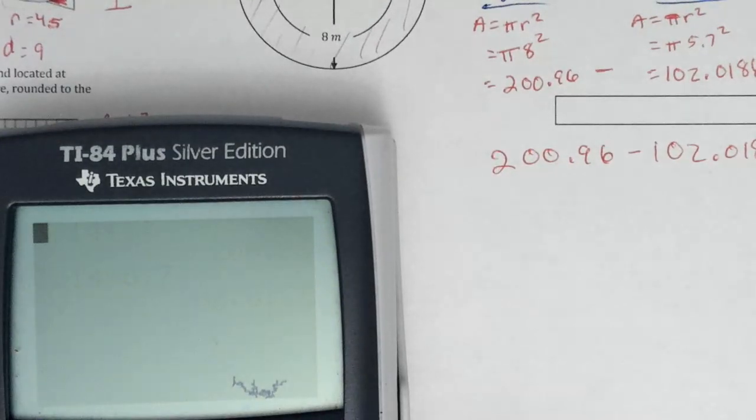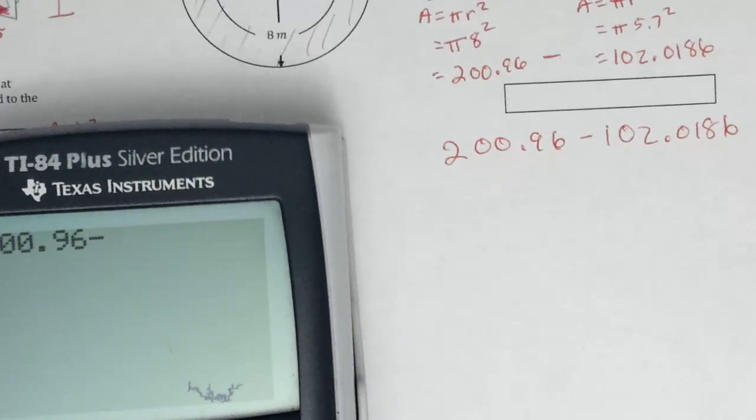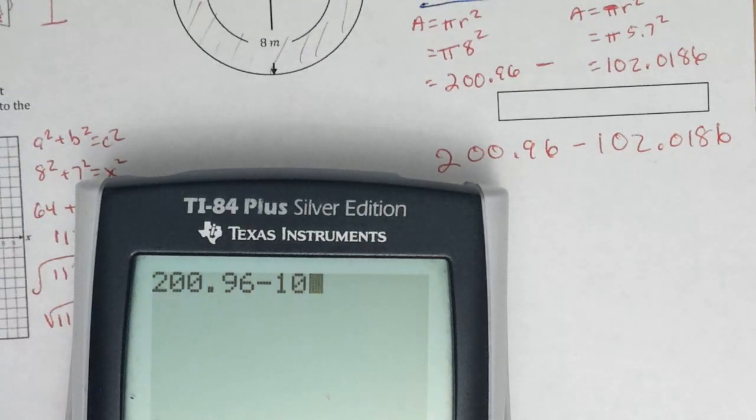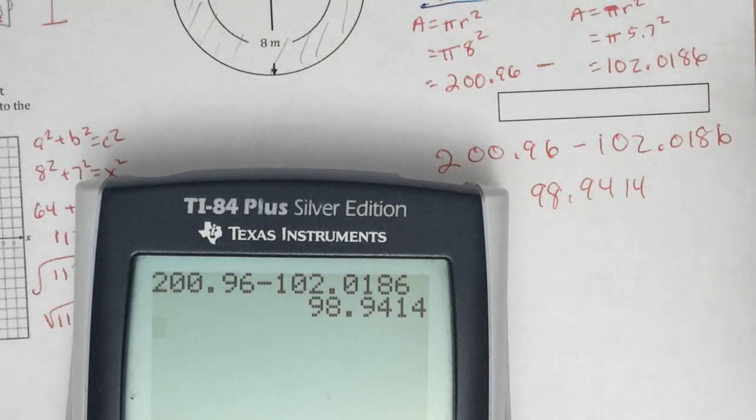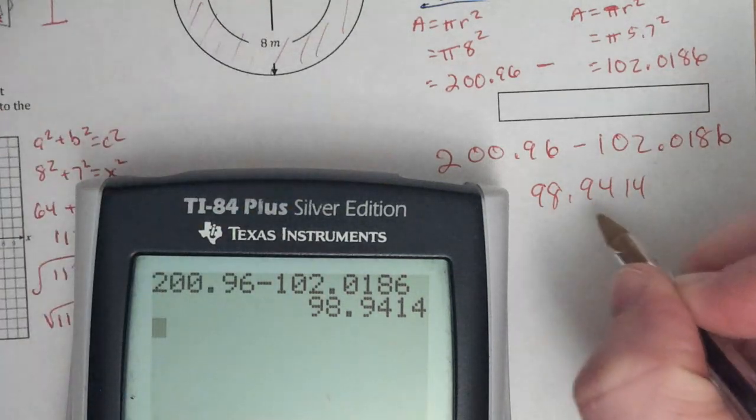All right, let's put that in the calculator. 200.96 minus 102.0186. And we pop out with 98.9414. Now you can round. They said to go to the nearest tenth.